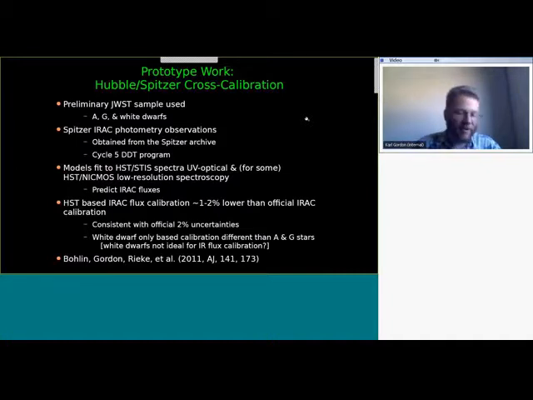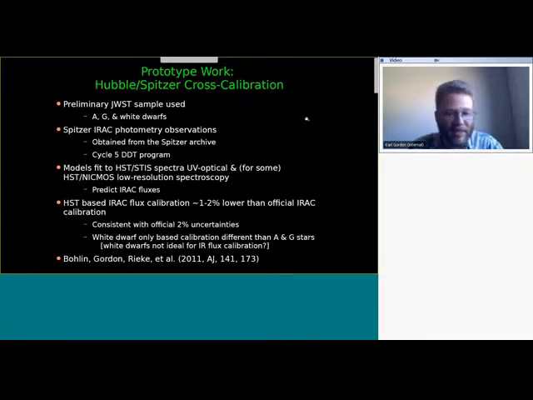And so basically, this is a measurement of how different the HST calibration is from the IRAC calibration. And the answer was that if we recalibrated IRAC based on the HST predicted fluxes, it was 1 to 2% lower than the official IRAC calibration. That's actually great. That was consistent with the official 2% uncertainties.